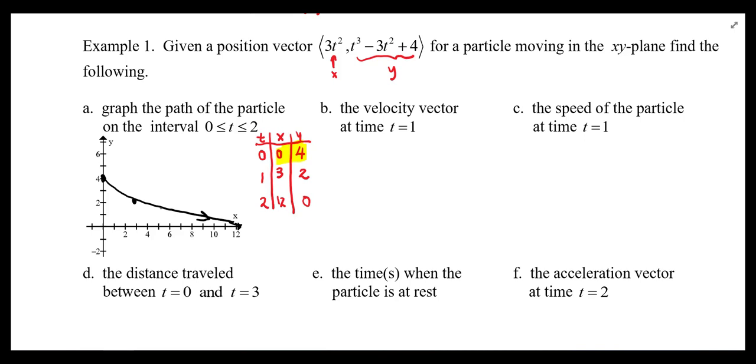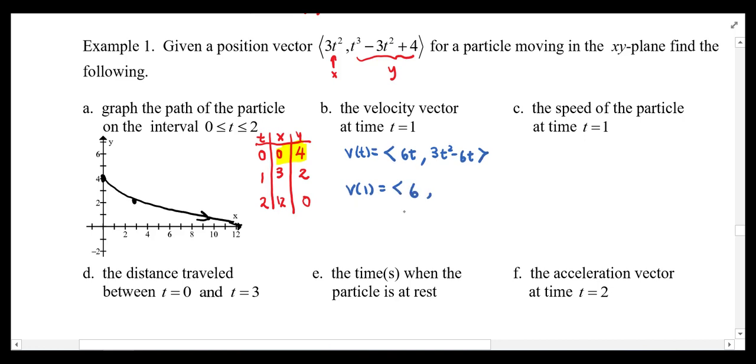Okay. The velocity vector at time t equals 1. Yes. So v of t. Right? How do I find velocity? The derivative is 6t of the x component. Yes. And the derivative for the y component, 3t squared minus 6t. Pretty straightforward. And then I want the velocity at time t equals 1. So yes, I just have to plug in 1. We have 6 times 1 is 6.